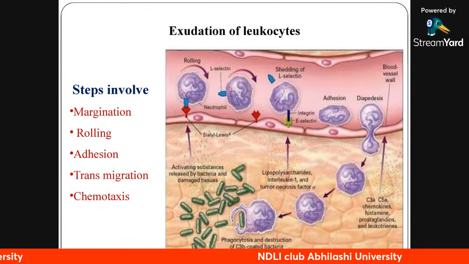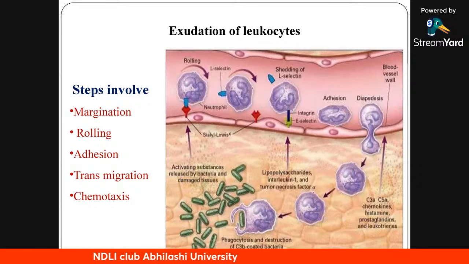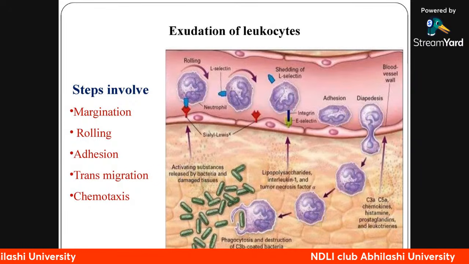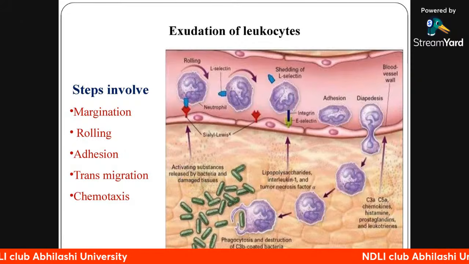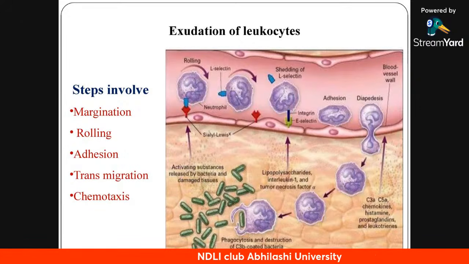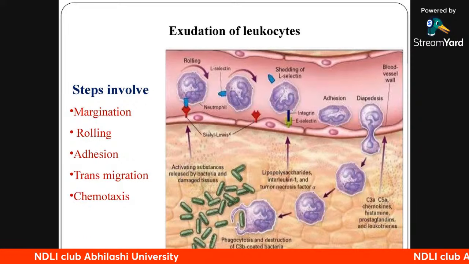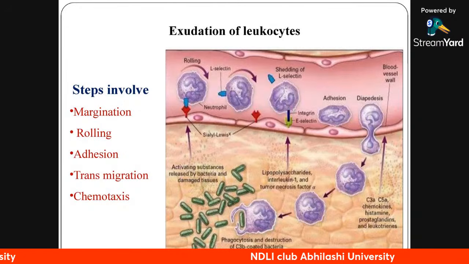Adhesion. Neutrophils firmly bind to the endothelium through interaction between integrins on the surface of the leukocyte and adhesion molecules such as ICAM-1 on the endothelial cells. Transmigration. Leukocytes squeeze through the endothelial junction and migrate through the endothelium to reach the affected site.